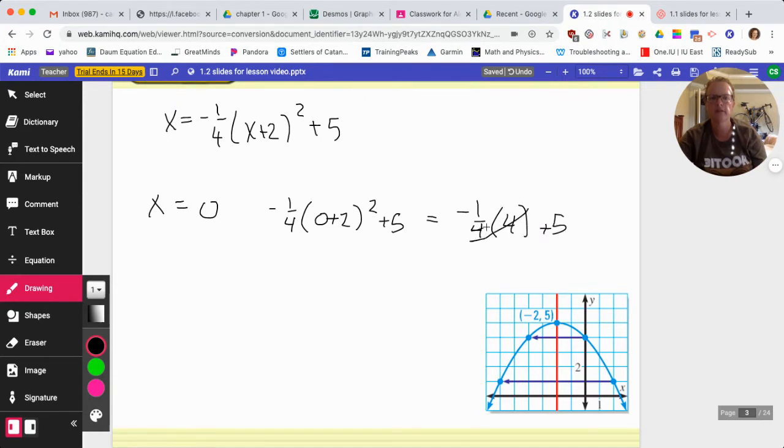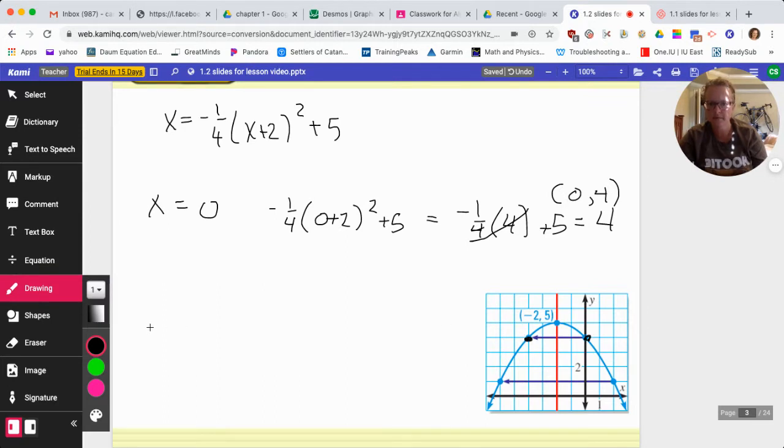These cancel out. I'm left with a negative 1. Negative 1 plus 5 is 4. So that's going to be the point 0, 4. So we're at 0, 1, 2, 3, 4, right there. Then I'm going to flip that over the axis of symmetry and put one right there.